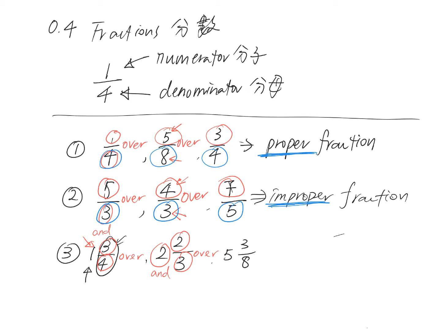To these frictions, we pronounce it as a 5 and 3 over 8. For these three frictions, as long as there is a number outside, we will call this a mixed number. A mixed number, because we have the integer part and also a frictional part. So we have got three types of frictions.